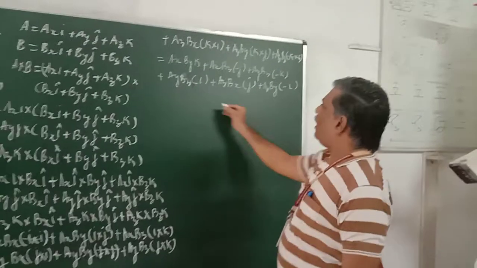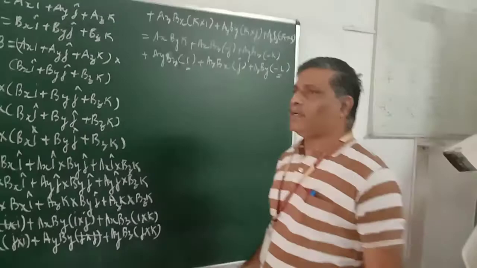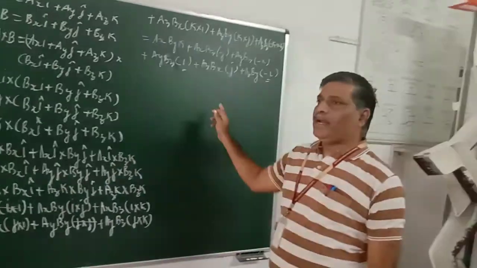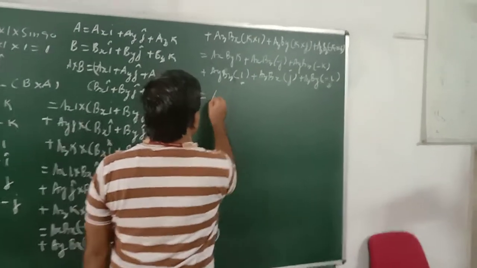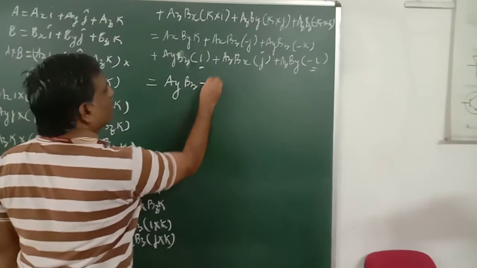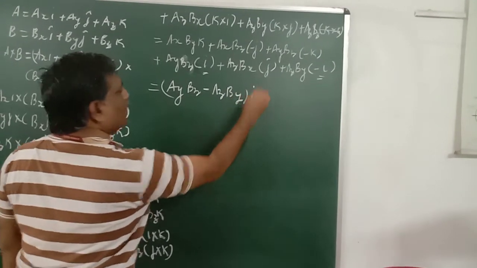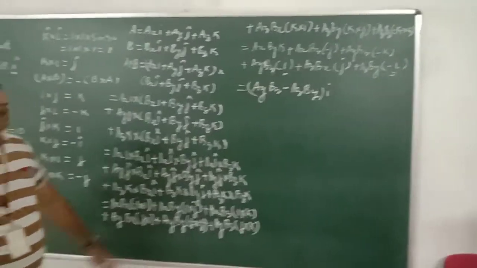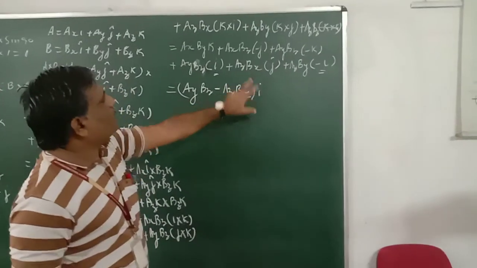You can see now that for i there are two terms, so we can take them together. Altogether there are 6 terms. So for i, this one is (AY BZ minus AZ BY) i. Plus j, there are two terms, this is one and this is one.